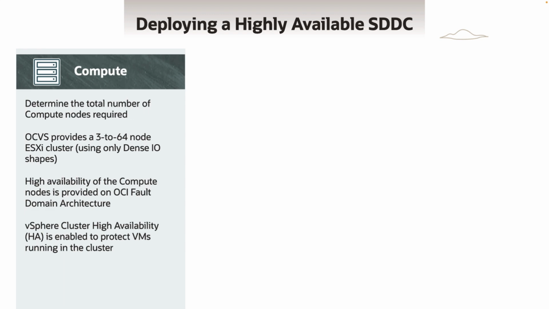High availability of these compute nodes is achieved through OCI's fault domain architecture. When you provision the SDDC, these compute nodes are placed in different fault domains, and that gives the first level of high availability to your compute instances. vSphere Cluster HA, or vSphere High Availability, is another feature that can also be enabled to protect VMs running within the cluster.